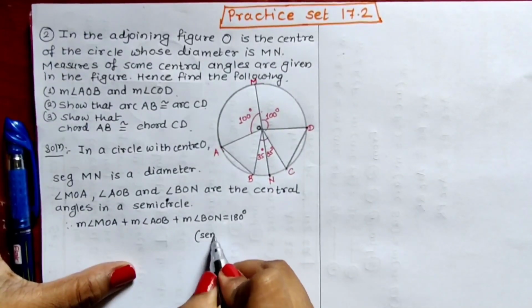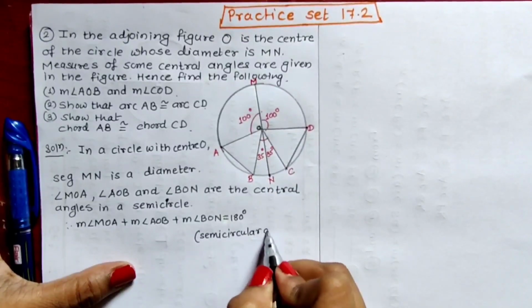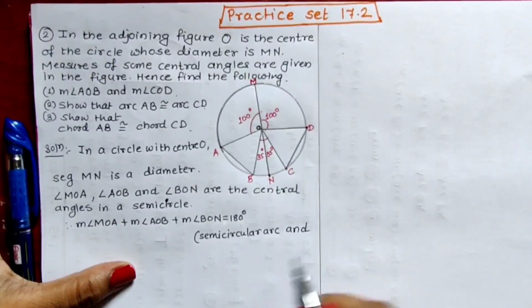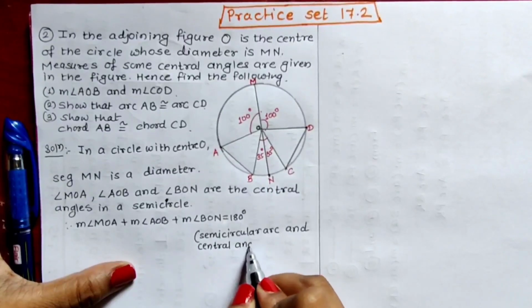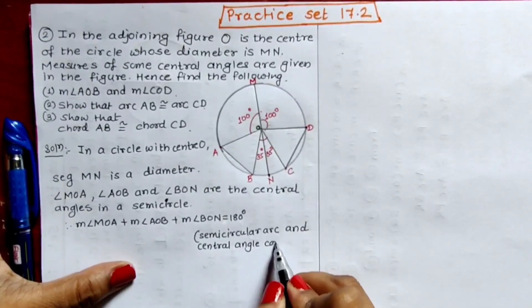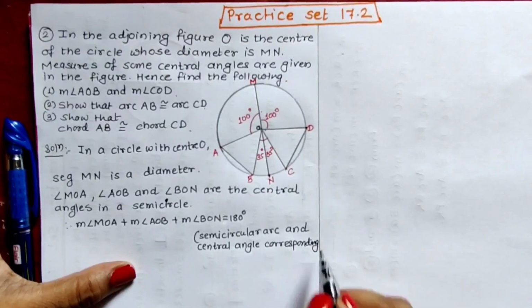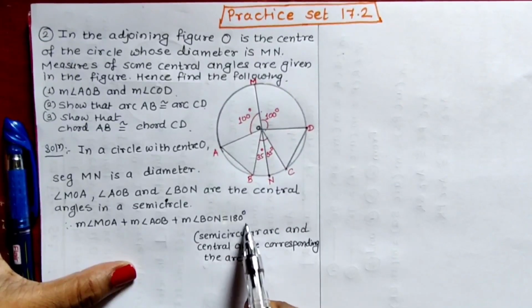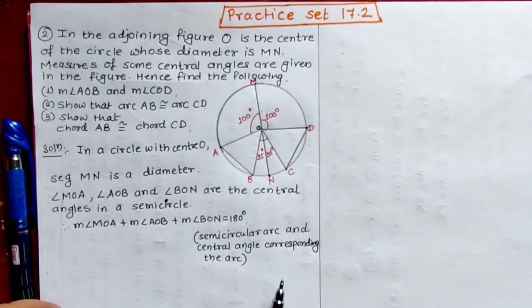Why have we written it is equal to 180 degree? Because they are in the semicircular arc and the central angle corresponding to this semicircular arc.